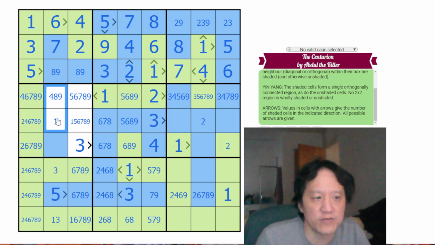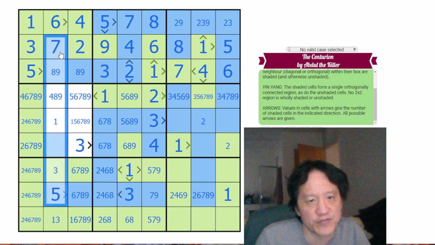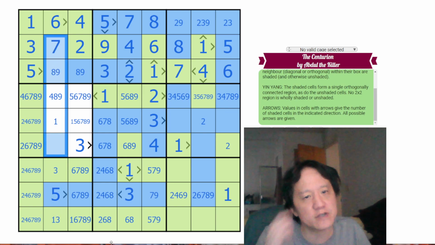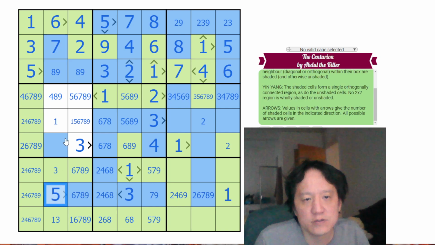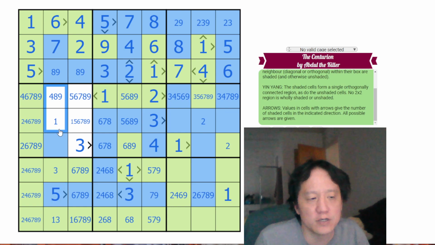Interesting. Okay. Both of these cannot be unshaded. But both of them also cannot be shaded. Right? If both of them are shaded, this would be 5, and that would see 5 shaded cells. So there would have to be an arrow there, but there's not. So one of these is shaded and one is unshaded.